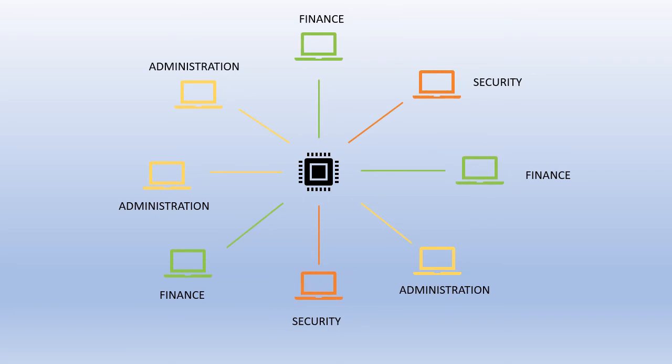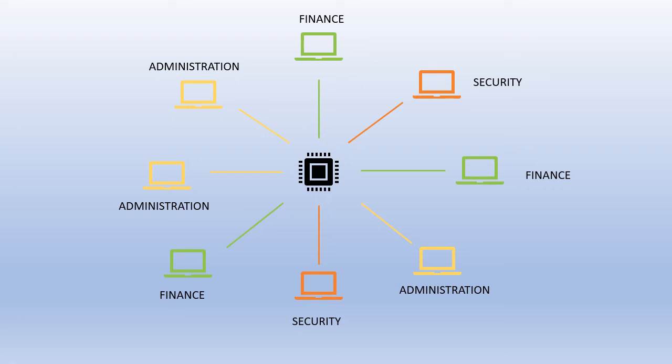Let us suppose that a local area network has three domains: finance, security, and administration. These domains have separate functions within an organization and are mostly independent of each other. Therefore, it is of top priority that the hosts connected to these domains are able to communicate privately with each other.